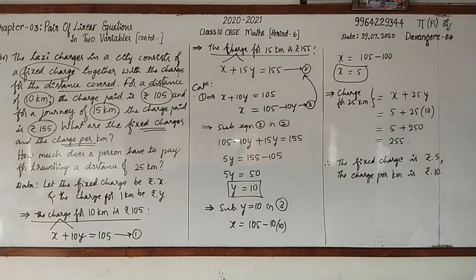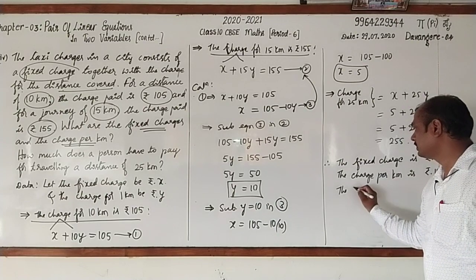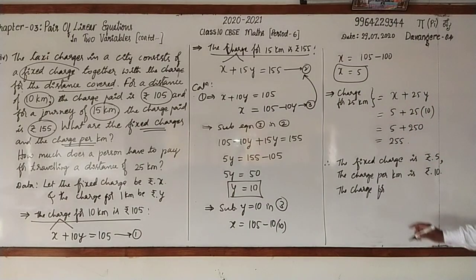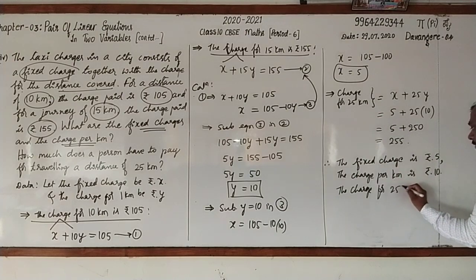After this, the charge for 25 kilometers is rupees 250 plus fixed charge 5, 255. Here it is.